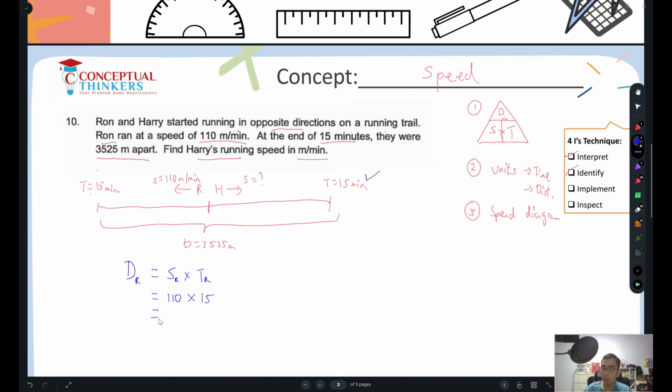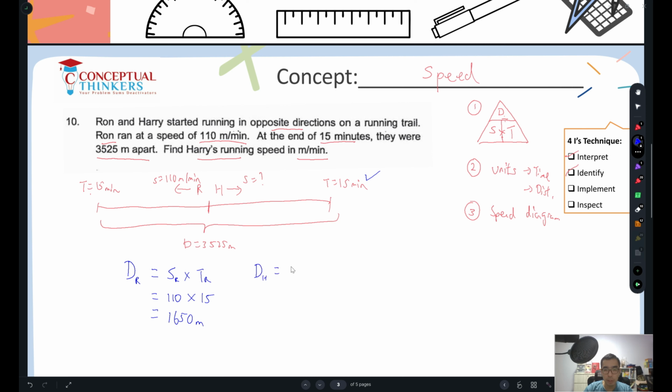So I use my calculator and do a calculation because this is a paper 2 question. So I will get 1650 meter. Okay, now once I have the distance of Ron and I know the total distance apart is 3525 meter, I can find the distance of Harry.